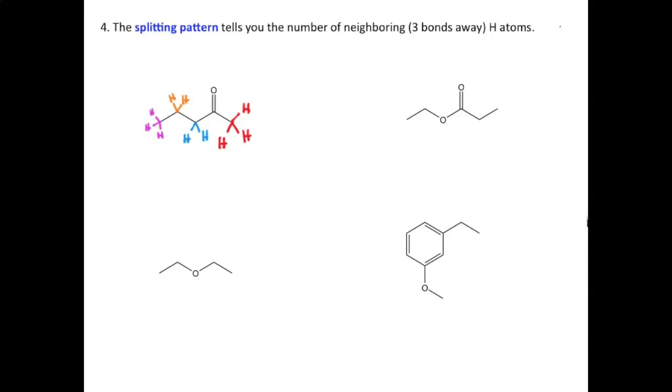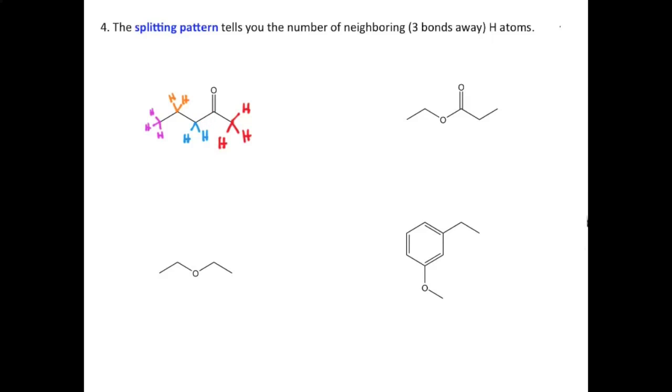So what I'm doing, let's go back to our example here. I'm counting hydrogens that are non-equivalent and 3 bonds away. So if I look at this H in red, all of these hydrogens are equivalent. I just pick one. How many hydrogens are 3 bonds away? So here's 1 bond to the carbon, here's 2. How many hydrogens are attached to this carbon? 0. All right?